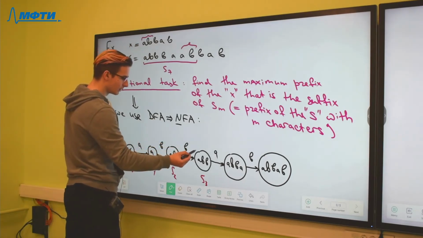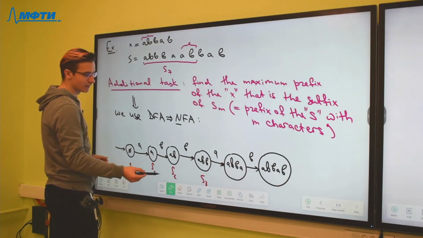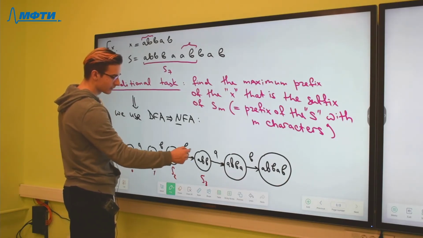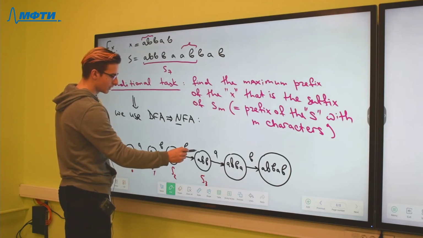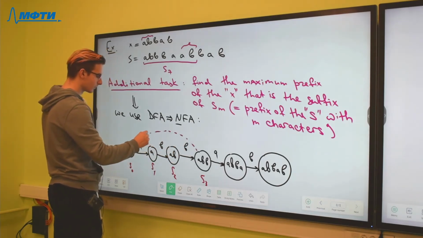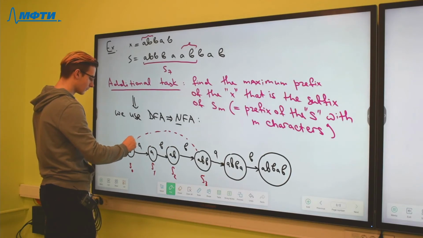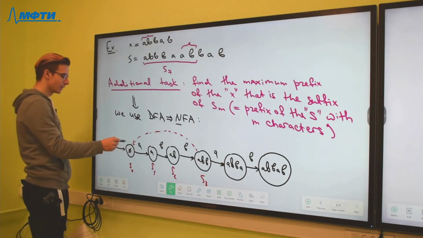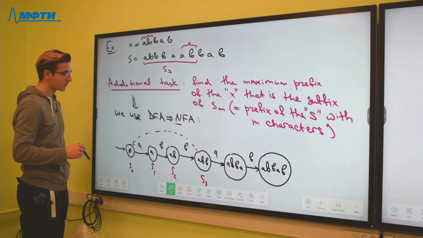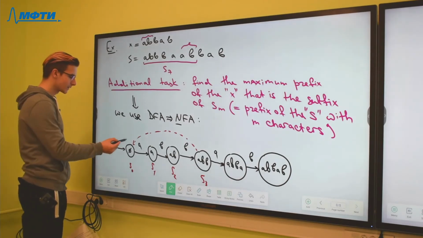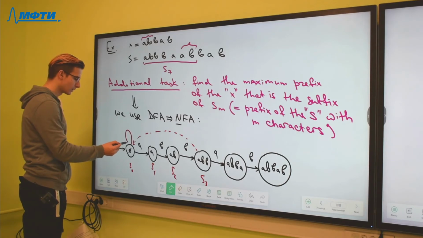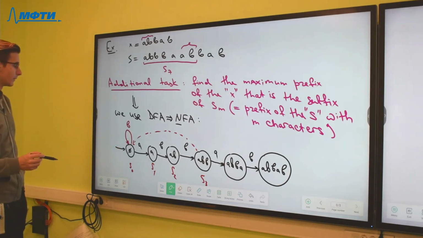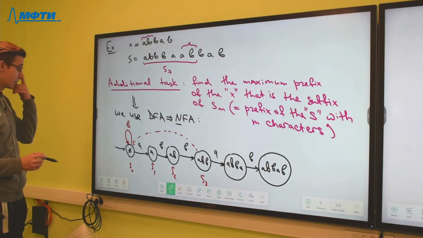So I can say that the maximum prefix of x that is the suffix of this word is equal to 0, 2. And of course, if we have 0, then we can go by the edge B here too.